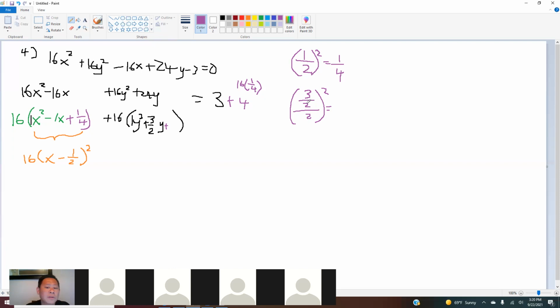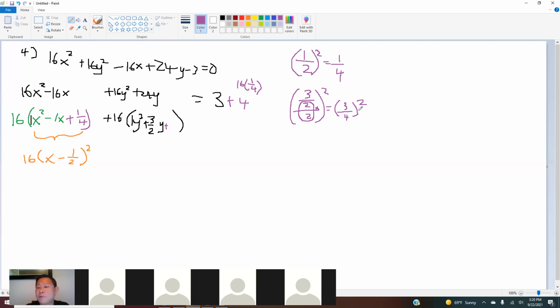What is 3/2 divided by 2? This is 3/4. If you have a fraction and you divide by a number, you just take the denominator 2 and multiply it, which gives 4. So that's why you got 3/4.